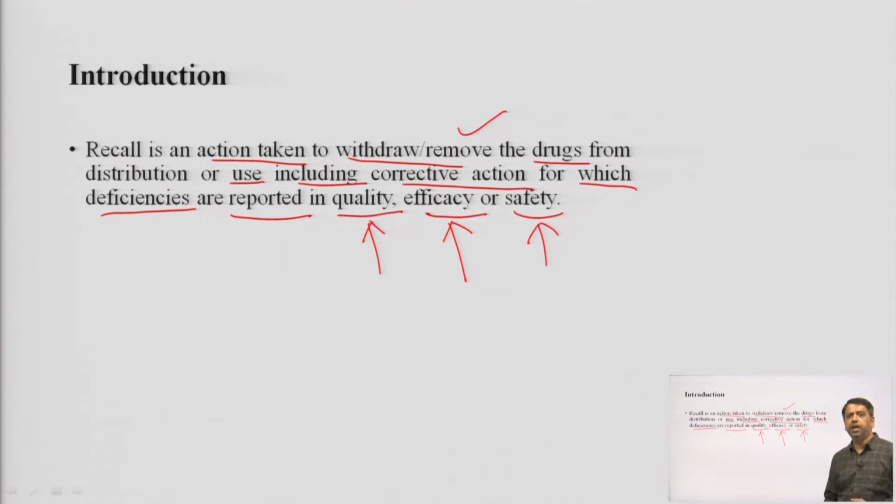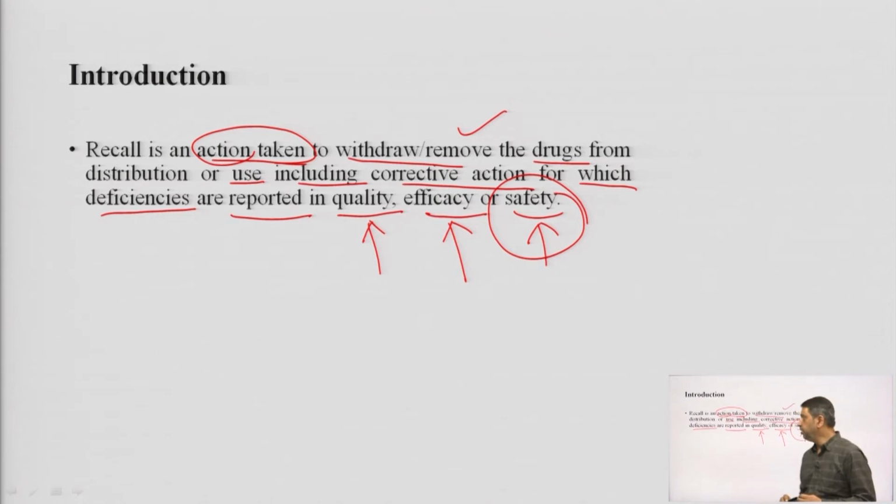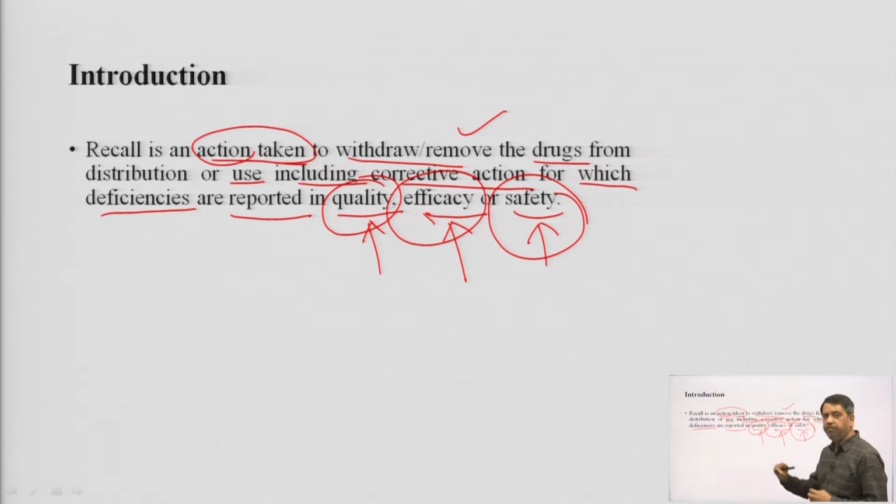For example, if a product contains an impurity which may produce toxicity in humans, the product may also be recalled from the market. So recall is an action taken to withdraw the product from the market because of deficiencies related to quality, efficacy or safety.